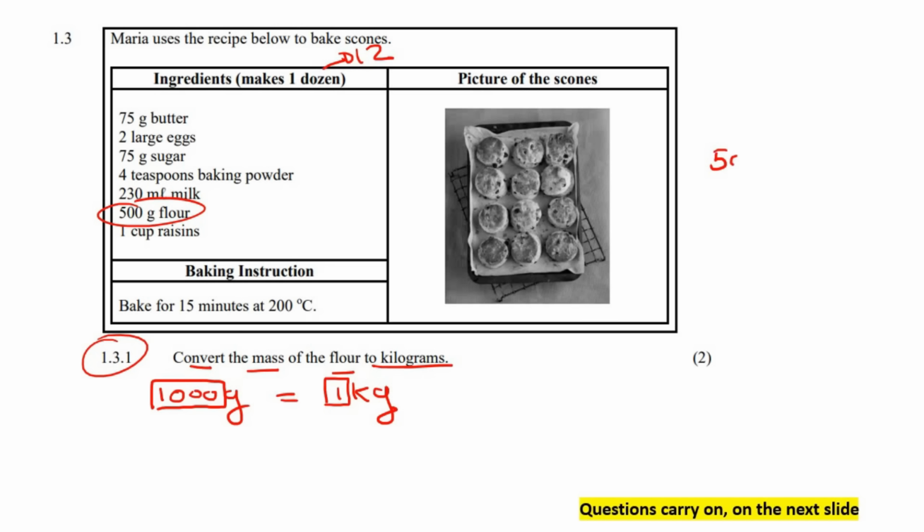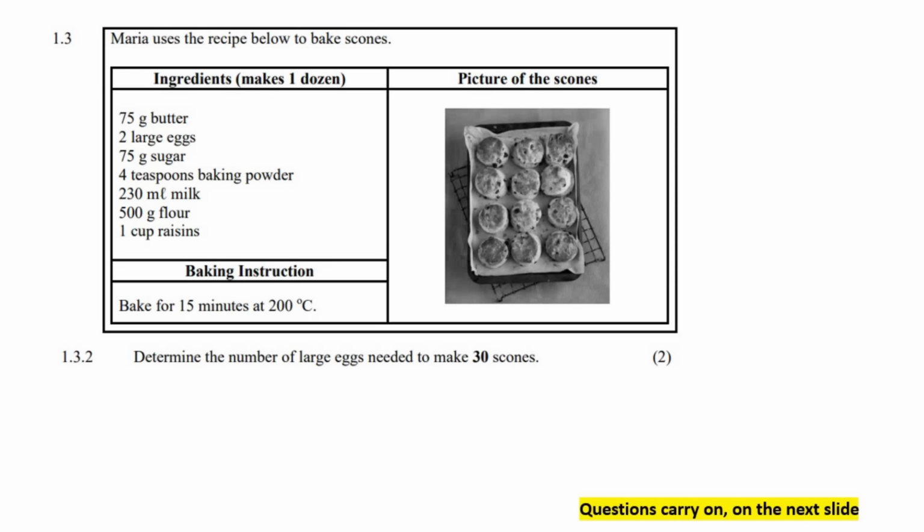If you have 500 grams and you need to change that to kilograms, the number should become smaller. So you are going to divide by 1,000, and that is going to give you 0.5. Don't forget the units. Kg.